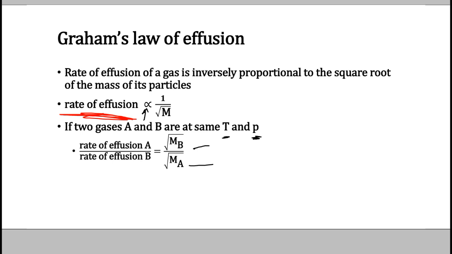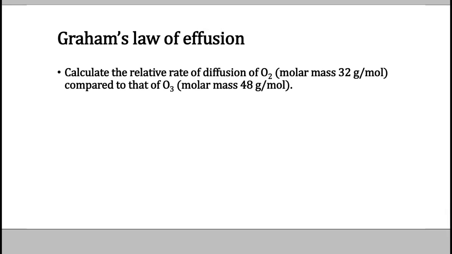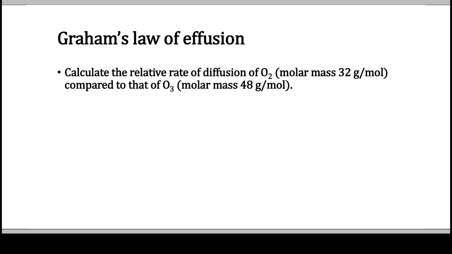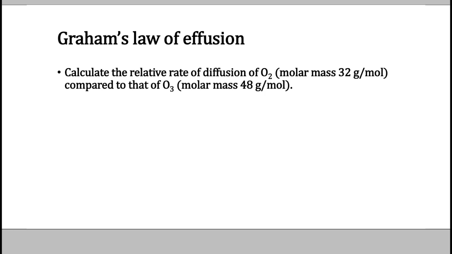So have an expectation. Do you think the species with the smaller molecular weight will effuse faster, or will the one with the heavier molecular weight effuse faster? So go ahead and make a prediction, and then try to set this problem up on your own, and I'll solve it for you right now.